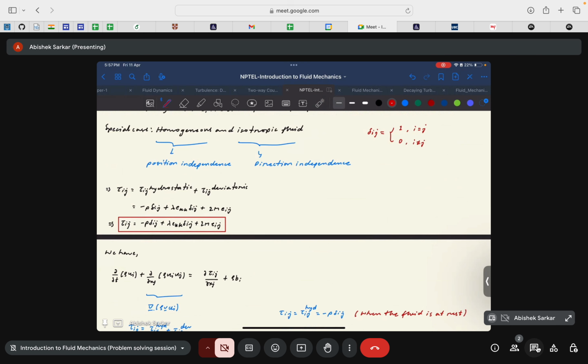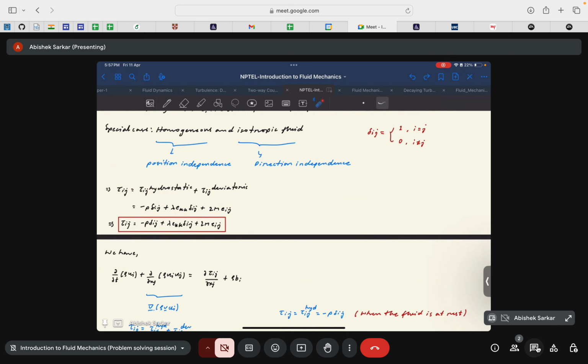This part corresponds to the tau hydrostatic part, because the only stress that acts on the fluid when it is static is the pressure. The other terms will cease to exist because the fluid is not in motion; all the velocity components are zero, so we are left with only the pressure term. The other two terms, lambda and 2 mu, are just constants for you for now.